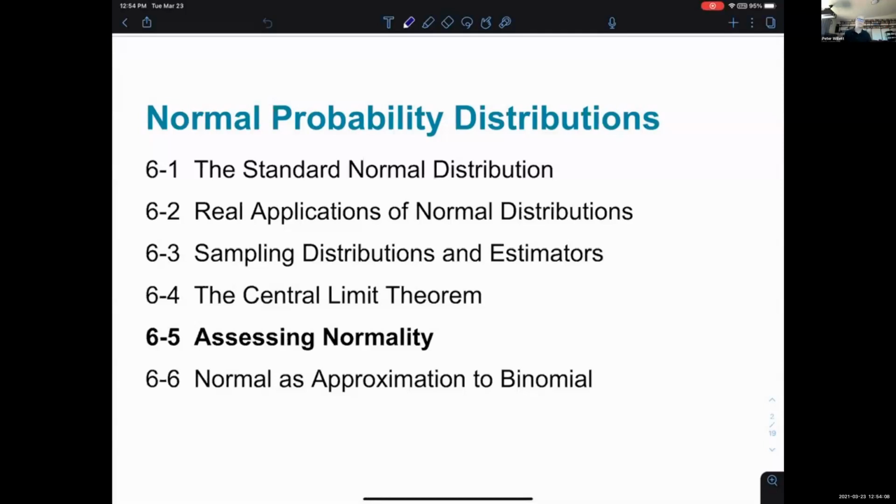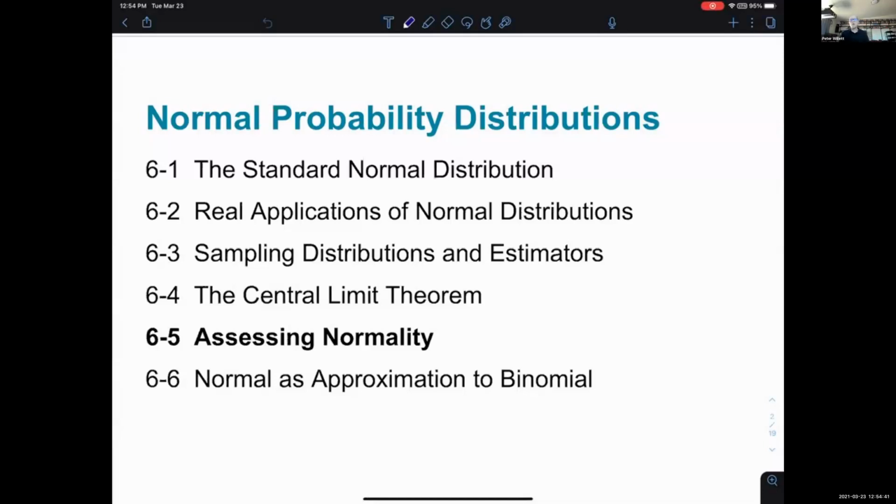That was in 6.2. Then last week, in 6.3, we looked at sampling distributions, with the idea that you take samples of size n and then look at the means or the proportions of the samples, and you imagine all possible different sample values forming a distribution, and whether that's a normal distribution or not.